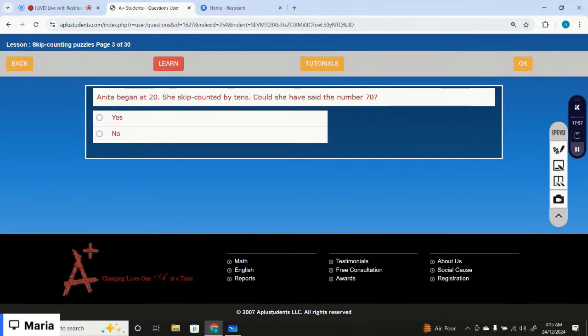Rita began at 20. She skip counted by tens. Could she have said the number 70?